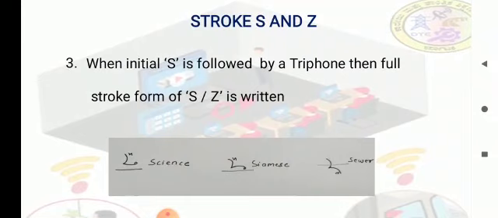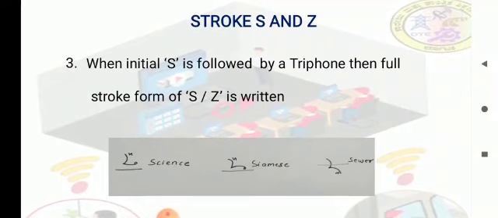Look at the examples: "science" and "Siamese". The word "science" consists of an initial S, and as soon as initial S, there is a triphone.